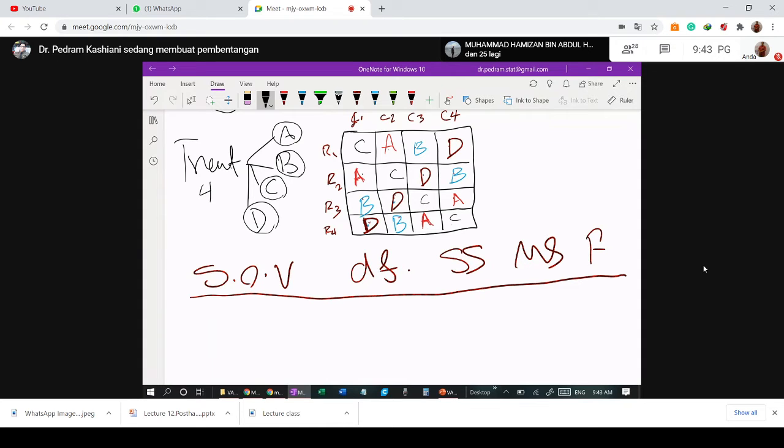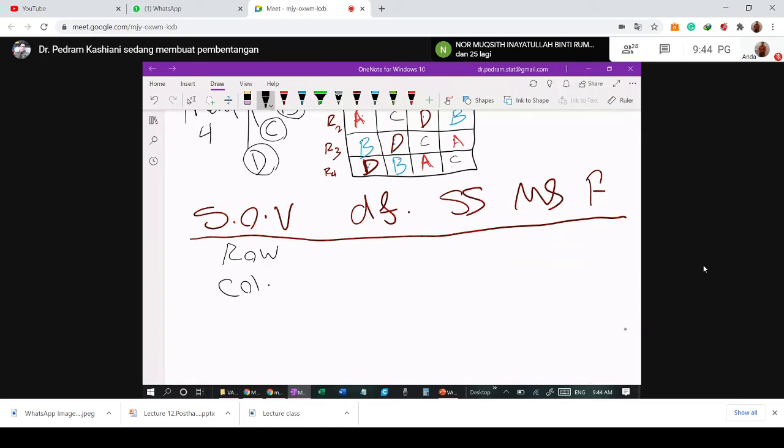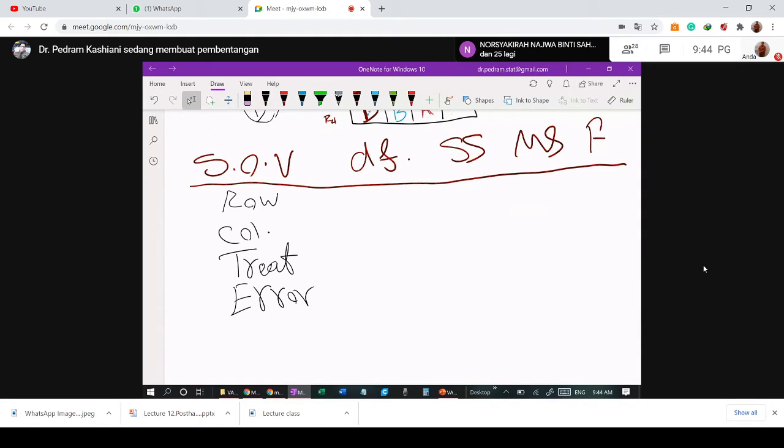My source of variation is row, meaning blocking by row, column, meaning blocking by column. I have treatment, error, and finally I have the total.